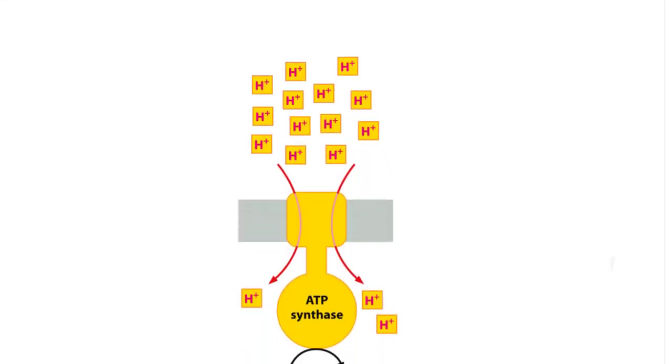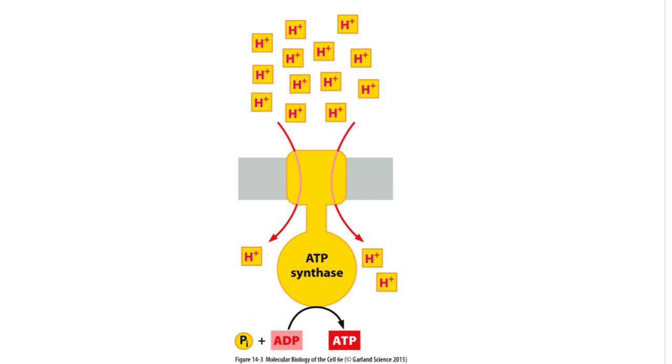So here are a few pictures just showing you ATP synthase at work, like a cartoon picture. And you can see here the H plus gradient being shown. The H plus gradient is pointing in, and H plus is allowed to move down its gradient through ATP synthase. And this movement has a delta G that is negative.